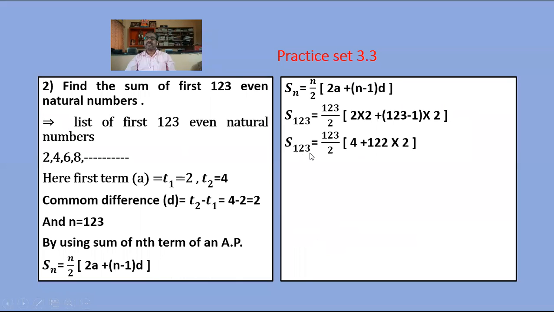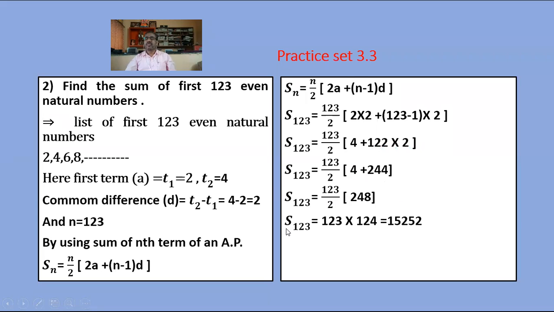S123 is equal to 123 upon 2 in bracket 4 plus 122 multiply 2. Then we get 123 upon 2 in bracket 4 plus 244. 244 plus 4 is equal to 123 upon 2 multiplied by 248. 2 divide 248. Therefore, S123 is equal to 123 multiply 124.